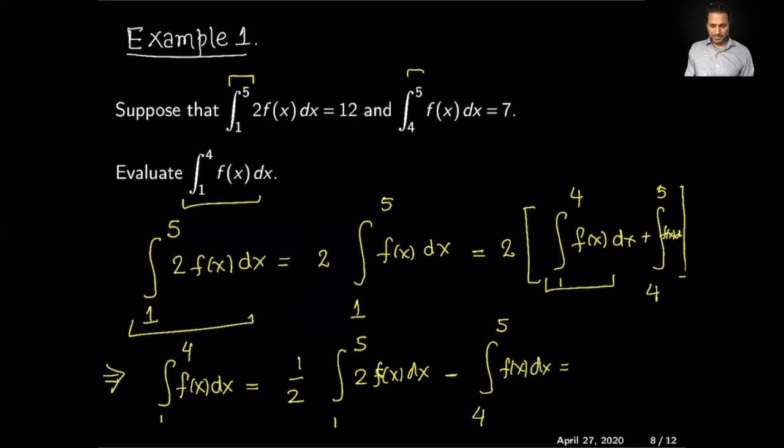The net change of 2 times the function is 12, so this is 1/2 of 12, and minus the net change from 4 to 5, which is 7. So this is 6 minus 7, which gives you -1. That is my net change from 1 to 4 of the given function.